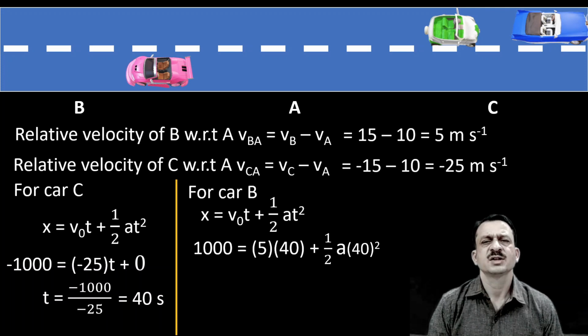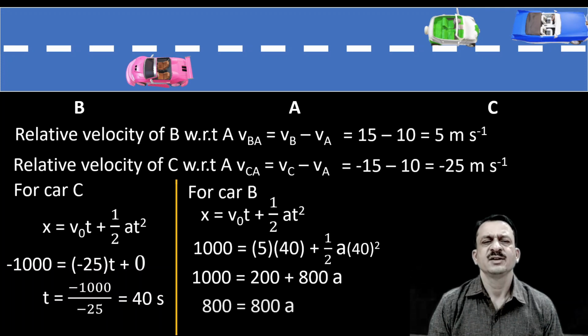Now 40 square is 1600 divided by 2, it is 800. And we get 1000 equals 5 into 40, that is 200, plus 800 a. Now 1000 minus 200 is 800. Therefore 800 is equal to 800 a. Therefore acceleration a is found to be 1 meter per second square. This is the minimum acceleration required for car B to overtake just before car C does.